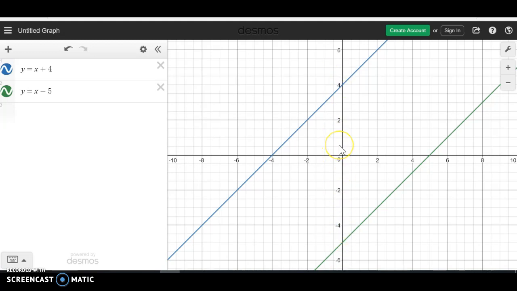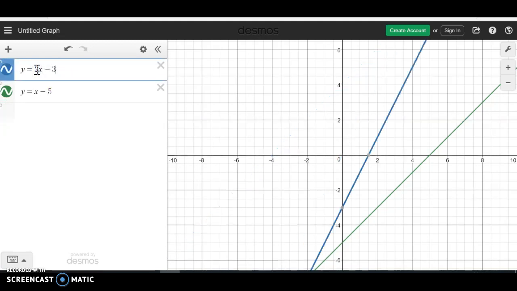How lines shift going up and down always depends on the y-intercept. You're just looking at where it touches the y-axis, because lines are not always going to be slanted the same way. They're not always going to be parallel. You can have an example like this.